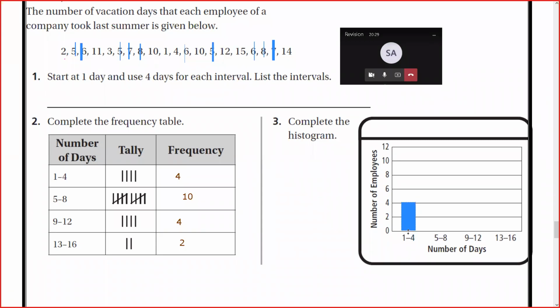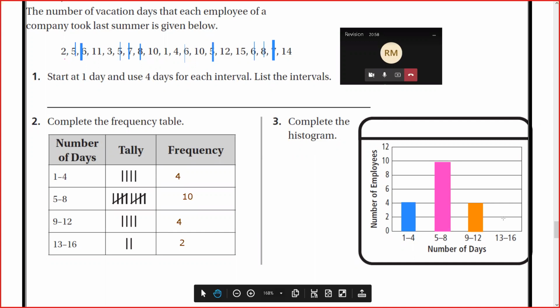Then, how many employees from 5 to 8? 10. From 9 to 12, 4. Good job. And from 13 to 16, 2. Bravo. This is how I can draw or complete the histogram. Got it?